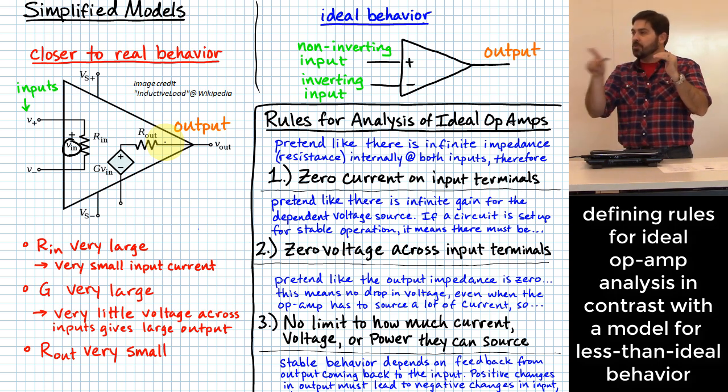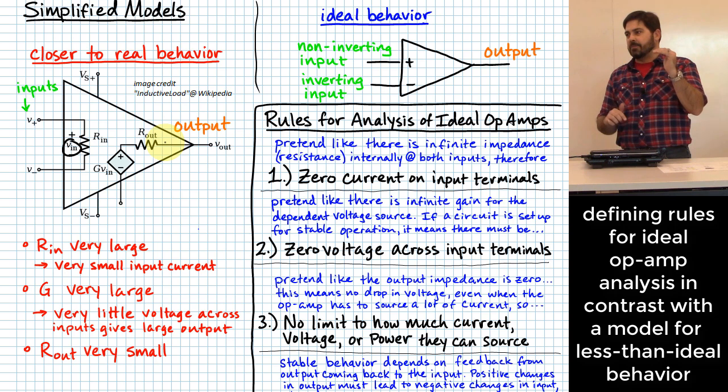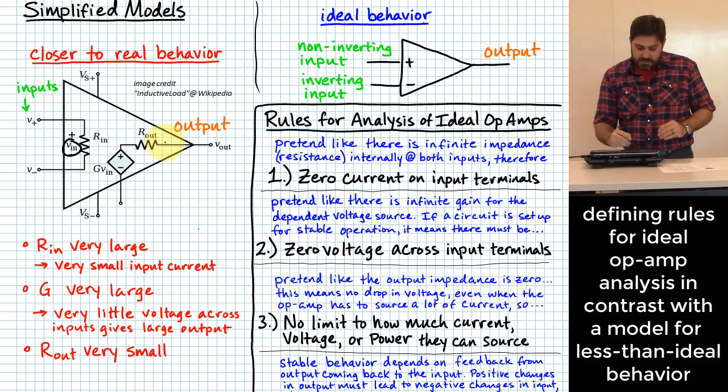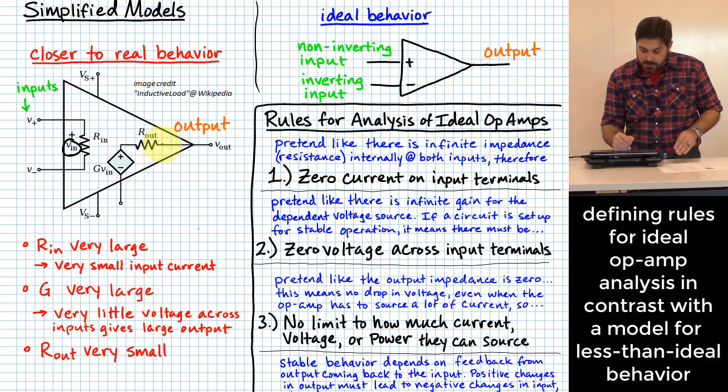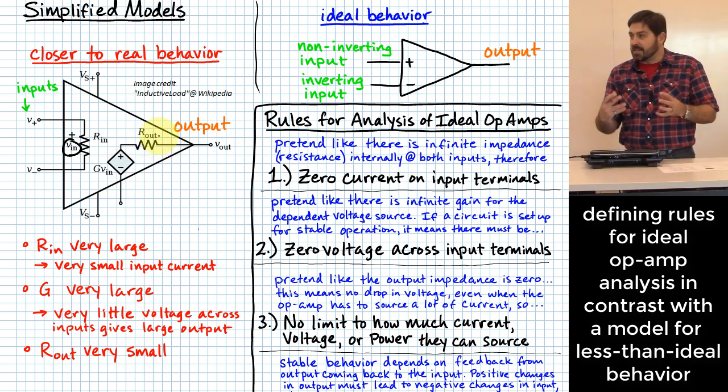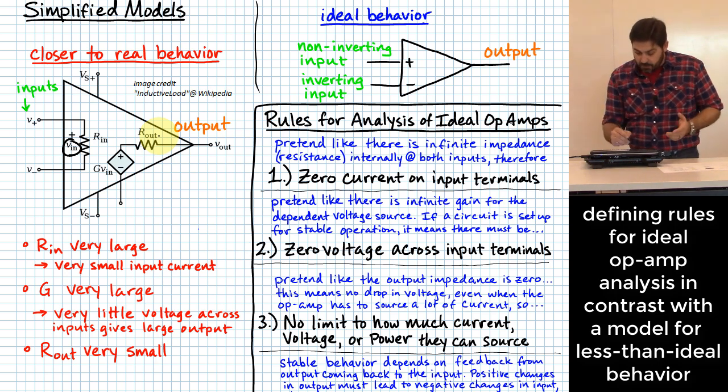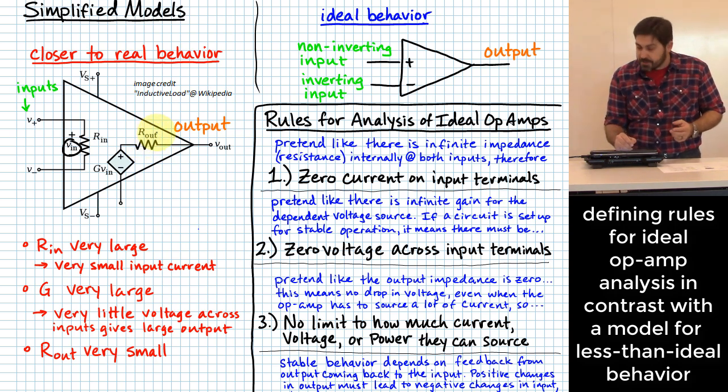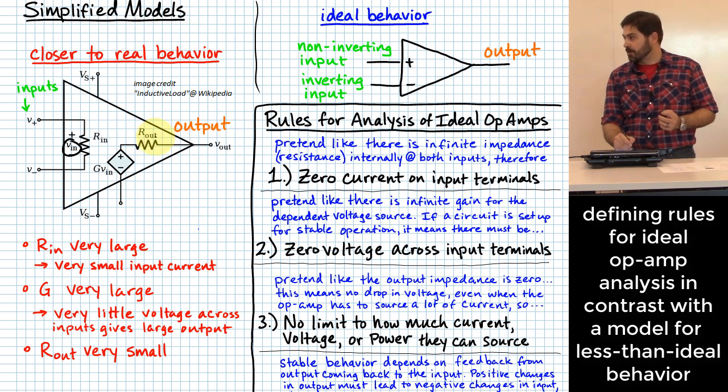The more current you demand out of it, the more that usually causes the voltage to fall a little bit. That's because inside here, it's very difficult to produce something that is truly an ideal voltage source. It usually behaves much closer to a practical voltage source. But you're better off if R out is smaller, not larger.